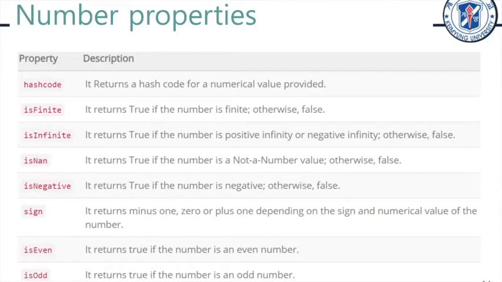There are some properties and methods associated with numbers. Let's say you want to know if a number is even or odd. In this case, if you divide the number by 2 and the remainder is 0, then that number is even. But if you divide that number by 2 and there is a remainder that is not 0, then that number is odd.